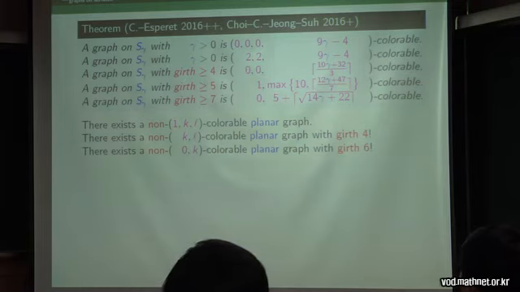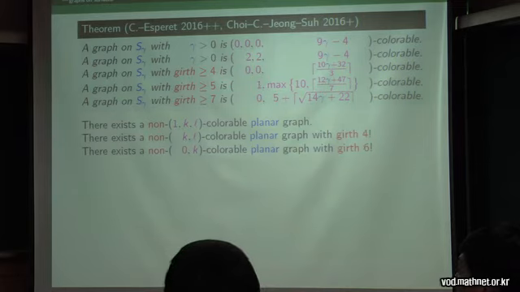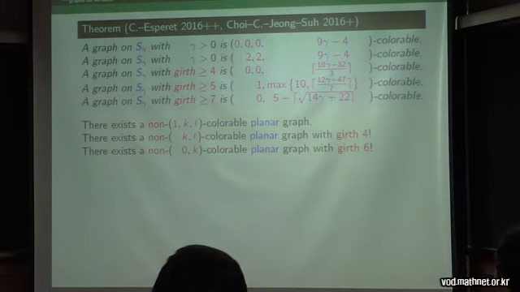And now, interestingly, the jump from girth 5 to girth 6 is nothing. There's nothing new that happens between girth 5 and girth 6. But if you jump from girth 6 to girth 7, now you can decrease this 1 to 0. But not only this, you can also decrease this from something that's linear in gamma to something that's square root in gamma.